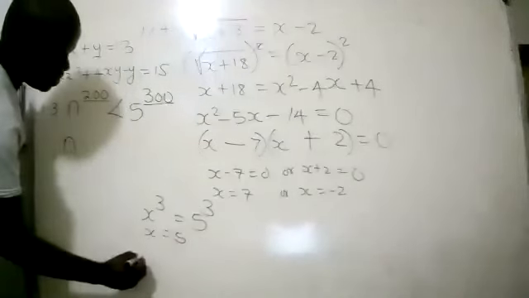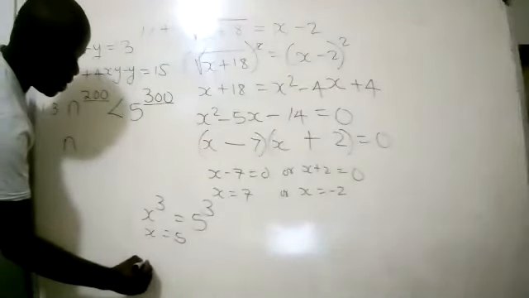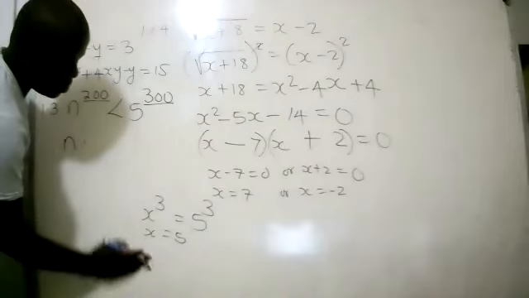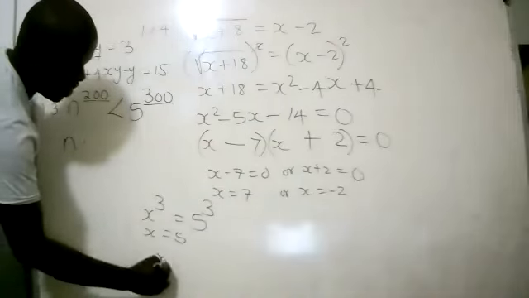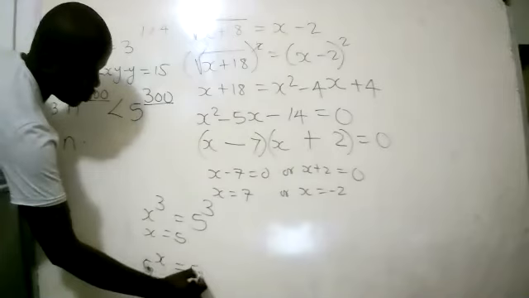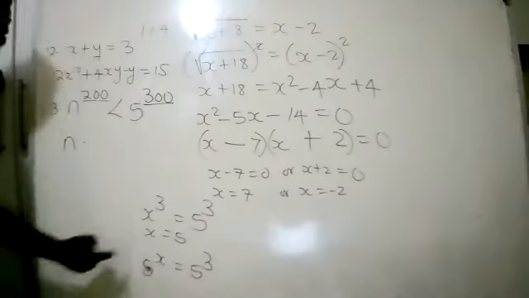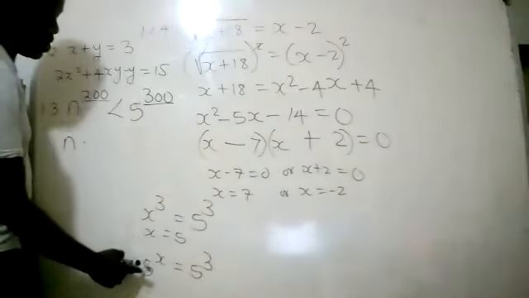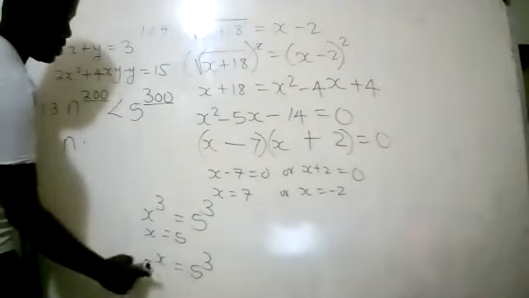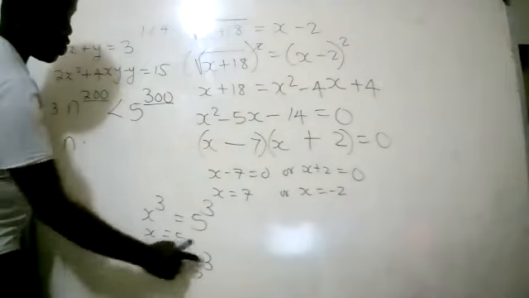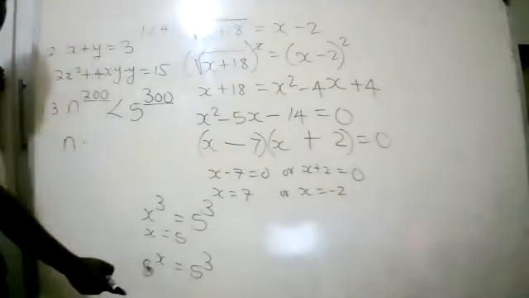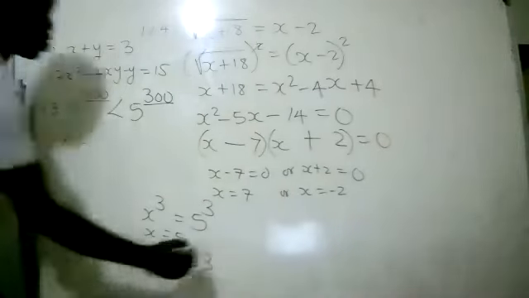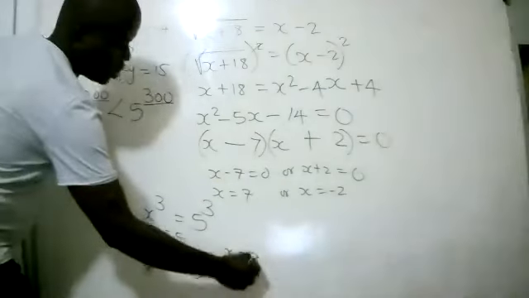It is a similar situation when we have 5 to the power of x equal to 5 to the power of 3. If the bases are the same, we equate the exponents, right? So in this case, x equals 3.